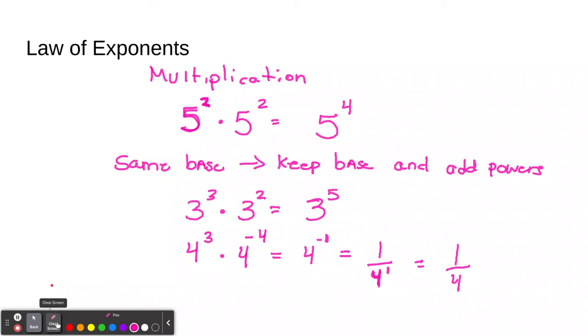Let's clear this out. Rewind if you need to. So again, we'll talk about multiplication rules. If they have the same base, keep the base. So let's say they have different bases: 2 to the 3rd power times 3 to the 3rd power. Now, they have different bases, so you multiply the bases. That'll be 6.